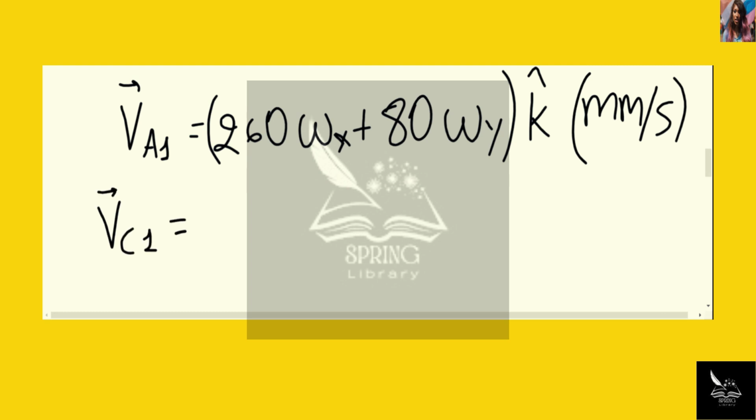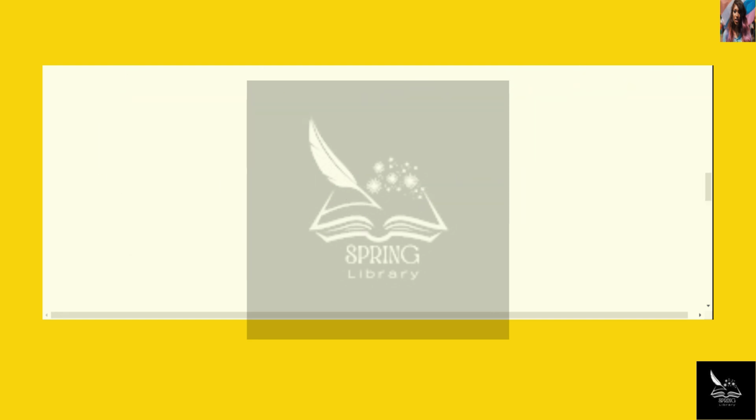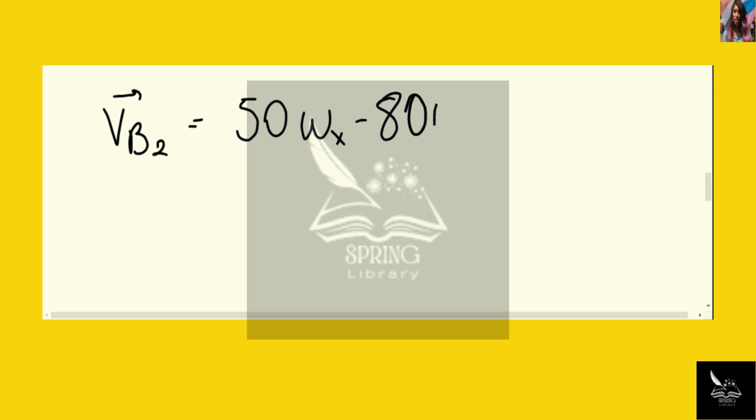Correspondingly, the linear velocity of point 1 at the rim of gear C is this one, and also the linear velocity of point 2 at the rim of gear B is this one.